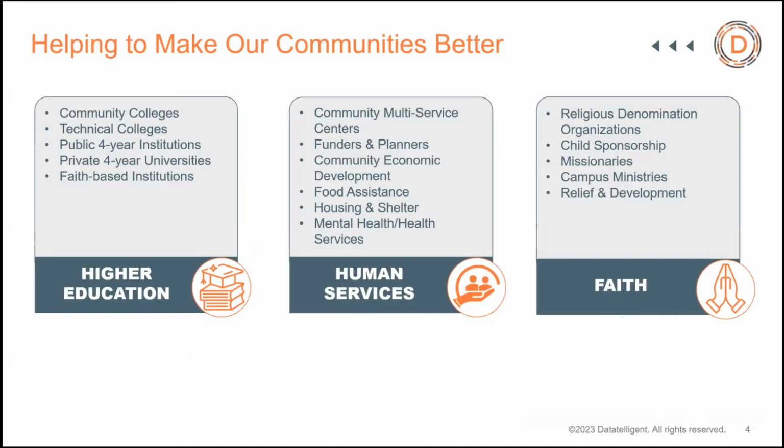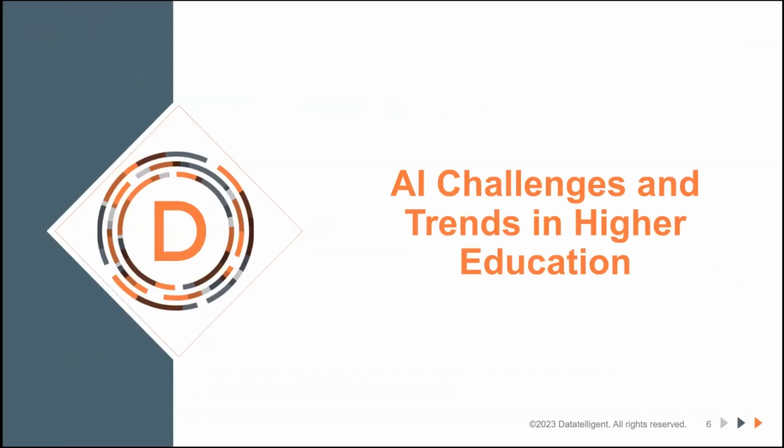From a focus standpoint, we focus on four key industries. One is higher ed, which we'll talk about today, everything from community, technical, public, and private to faith-based institutions. But we're really dedicated to human services and faith-based organizations, the underserved and underprivileged markets that we have.